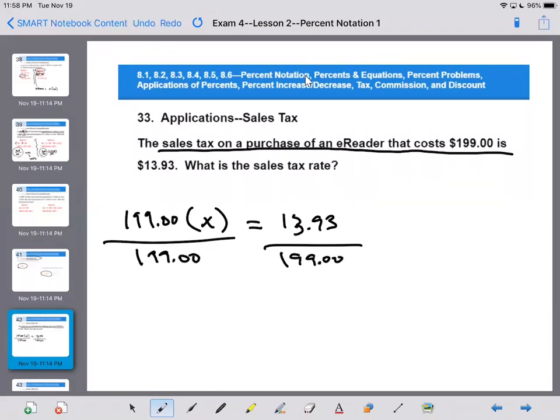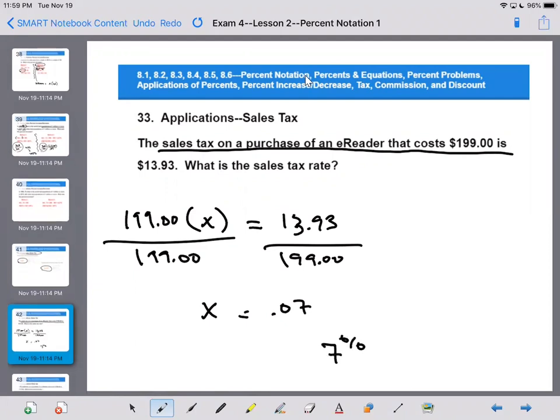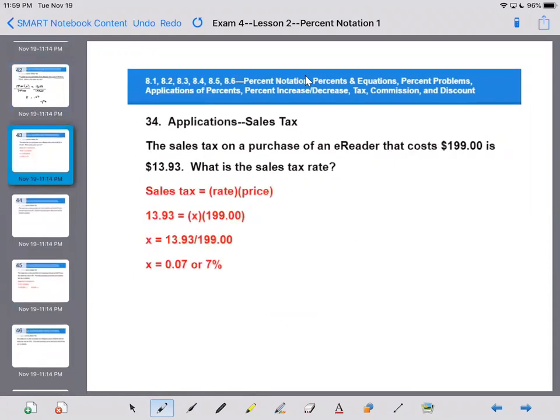I'm going to take $13.93 and divide it by 199. And what you're going to see is you're going to get 7/100, which would mean that that would be a 7% sales tax rate. And that's what you should see in the next slide there.